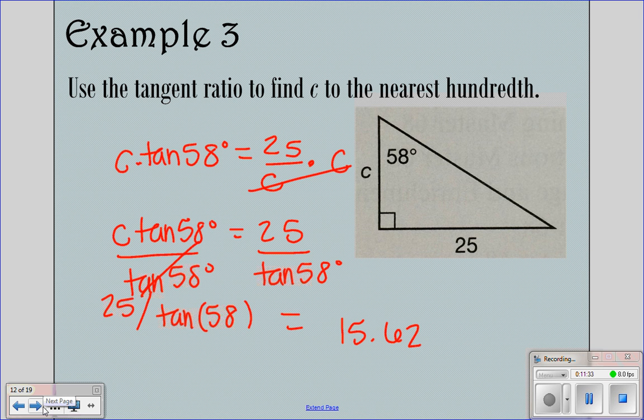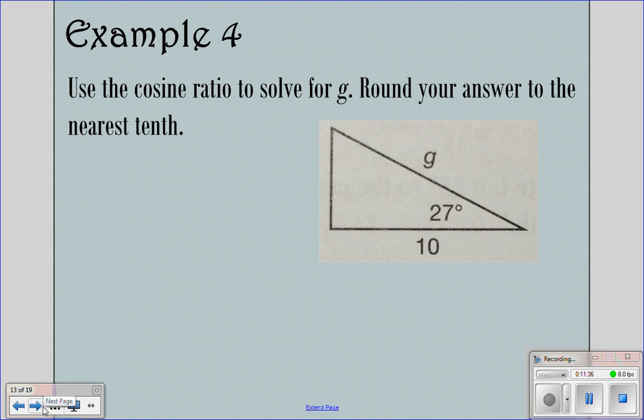using your trig ratios. For this one, we want to use the cosine ratio to solve for G. So the cosine of 27 is adjacent, which is 10, over the hypotenuse. So on this one, we again want to multiply both sides by G. Those will cancel.